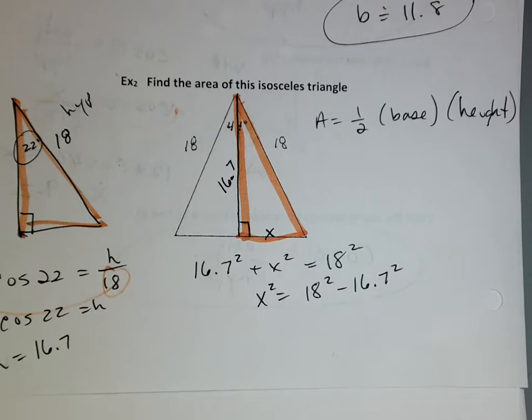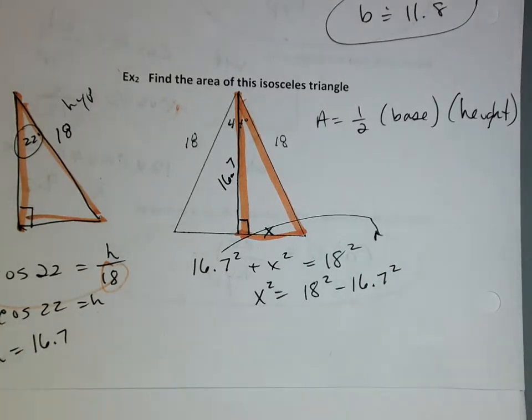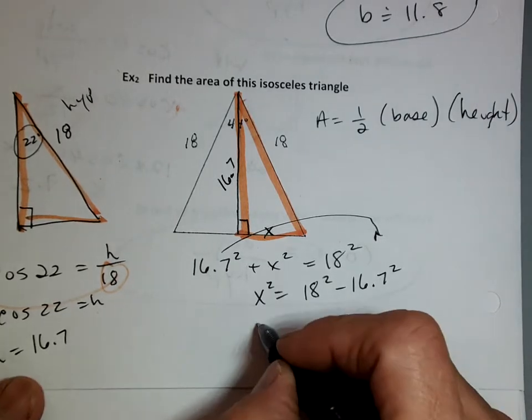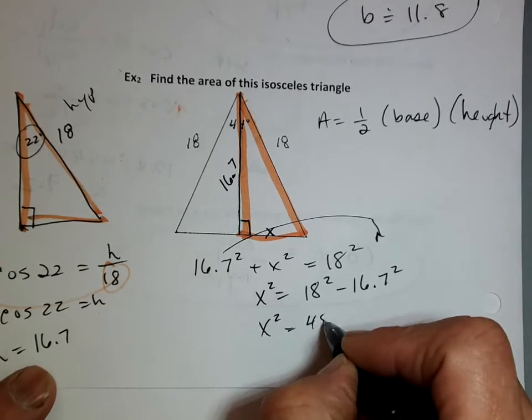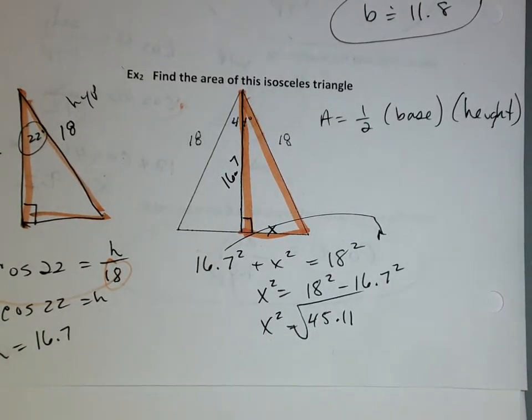I know Mr. Bard showed that to you when you were in 8th grade. I just brought the 16.7 squared over. So 18 squared minus 16.7 squared, and I got 45.1, square root of that answer, and I get about 6.7.